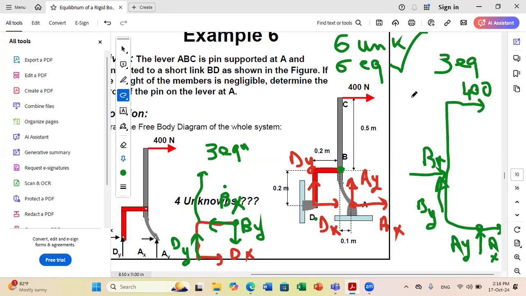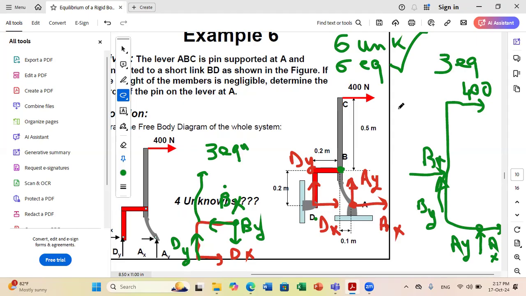But this is really complex. I need to write 6 equations of equilibrium and solve a system of 6 equations with 6 unknowns. If I pay attention in this case that I have a 2-force member and a 3-force member, this will simplify my analysis a lot. What is the two-force member here in this figure?